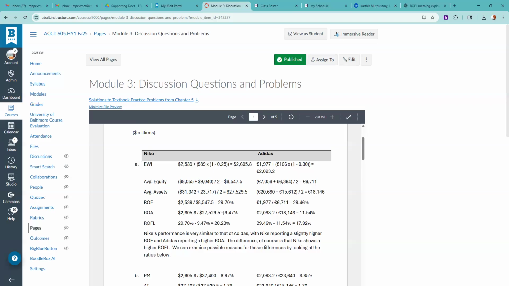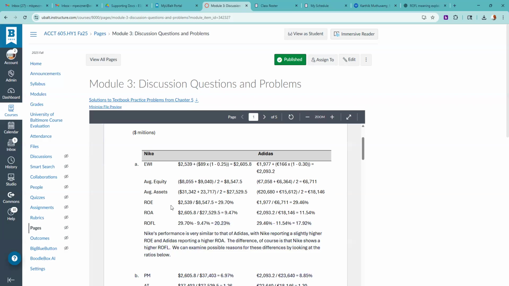We talked about the fact that for companies that are more heavily leveraged, have more debt, the ROE will be higher than the ROA, simply because if you have more debt, dollar for dollar, you have less equity. So it will blow up your ROE. So what this ROFL stands for is this financial effect.